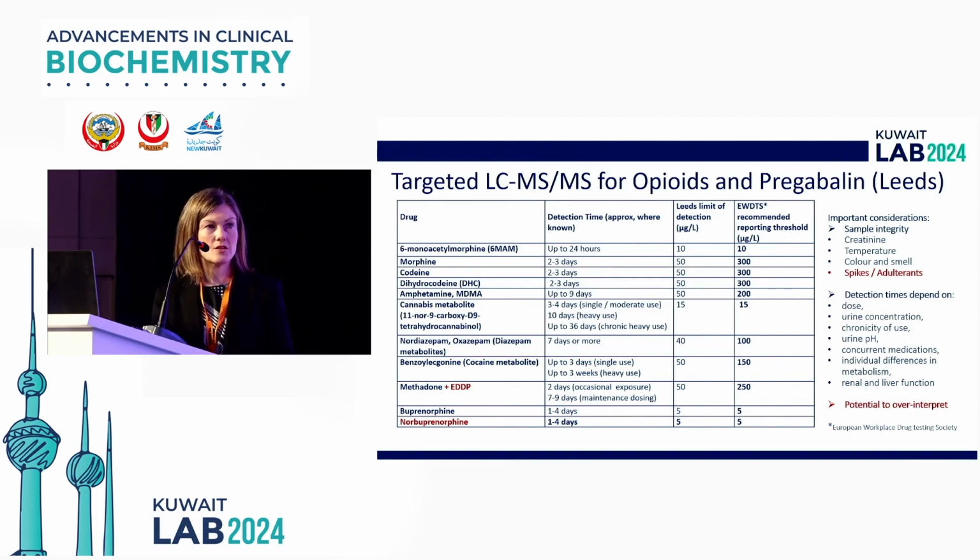That is not the case, and you have to be very careful to describe that the detection time can depend on the dose they've taken and when they took it, but it also depends on the urine concentration, whether it's chronic or frequent use, what the urine pH is, what other medications they're taking at the same time, their individual differences in metabolism, and whether their renal or liver function has deteriorated.